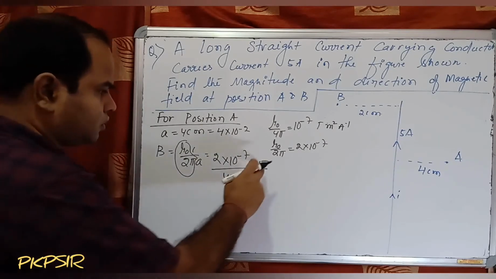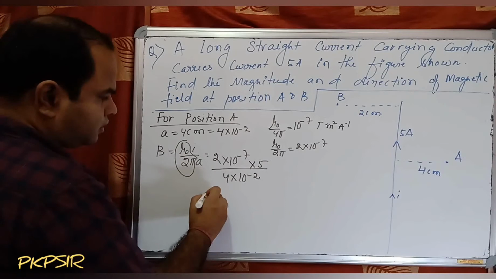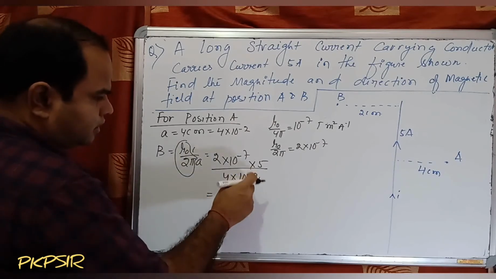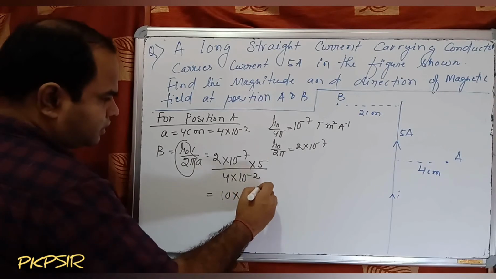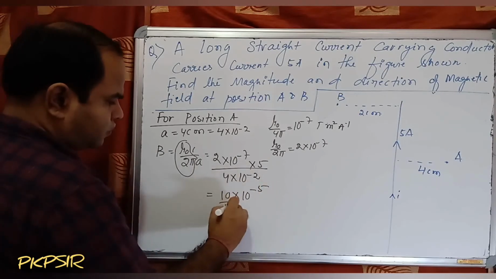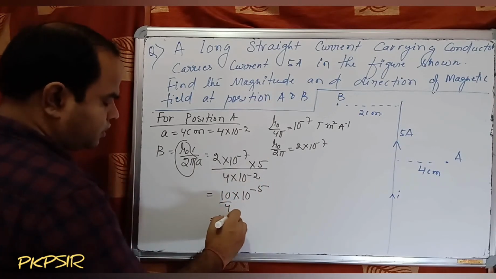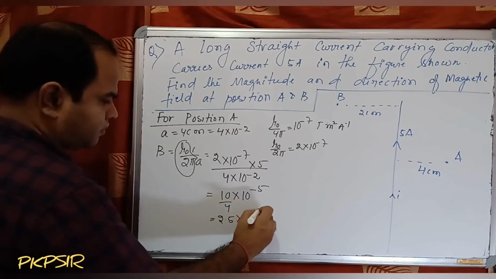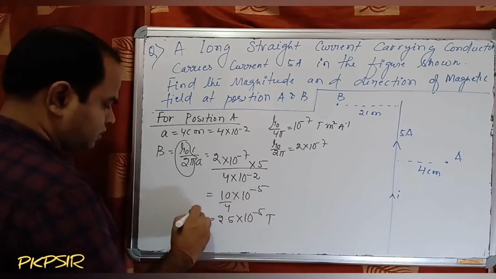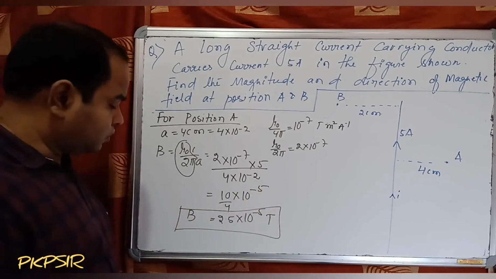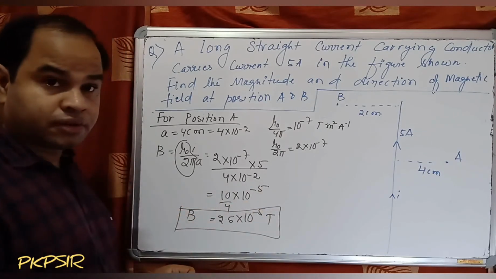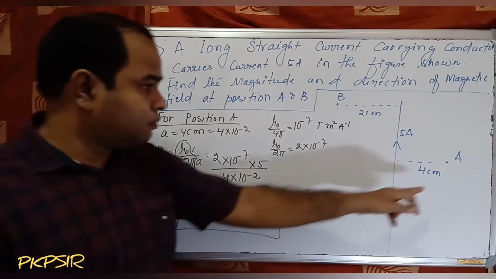So the calculation gives 10 into 10 to the power minus 5 by 4, that is 2.5 into 10 to the power minus 5 Tesla. So the magnitude of the magnetic field at position A is 2.5 into 10 to the power minus 5 Tesla.